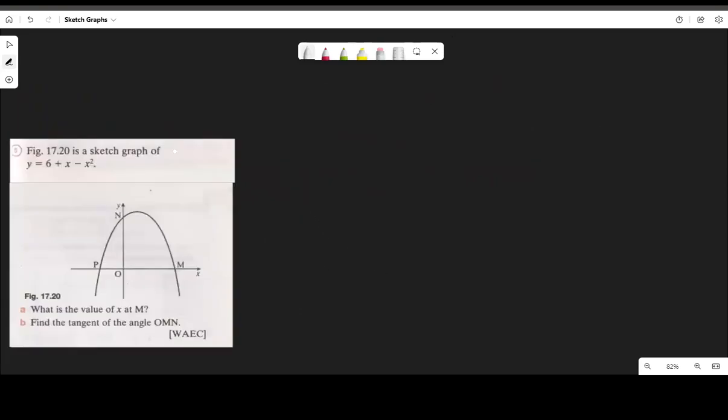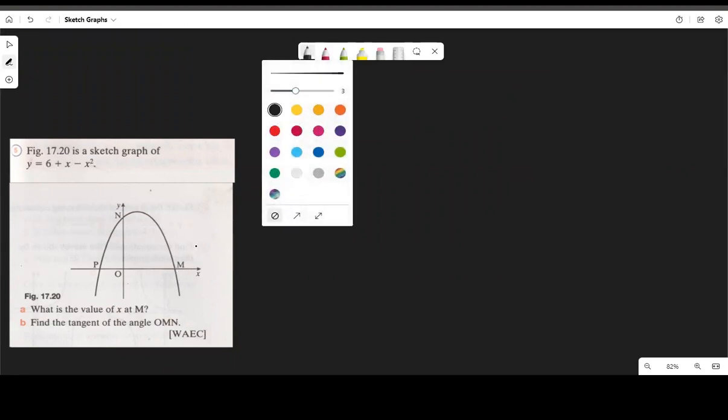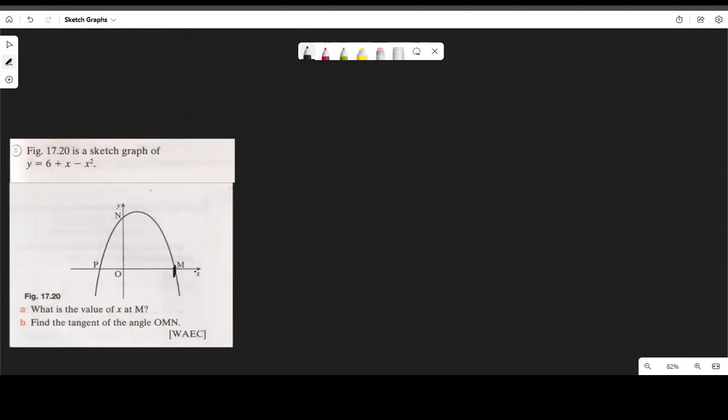On some past question here, say figure 17.2 is a sketch graph of y equals 6 plus x minus x squared. What is the value of x at N? To get the value of x at N, we need to solve this equation.